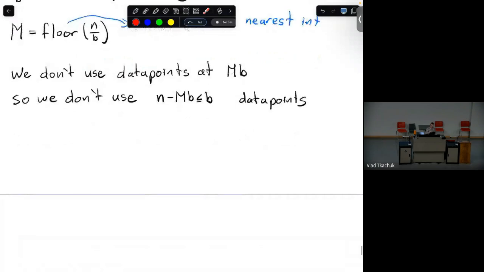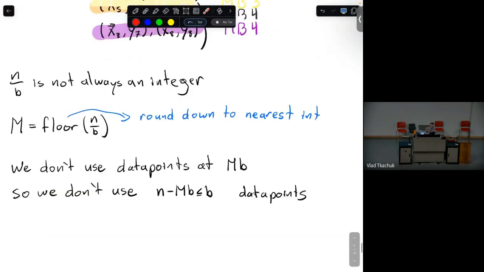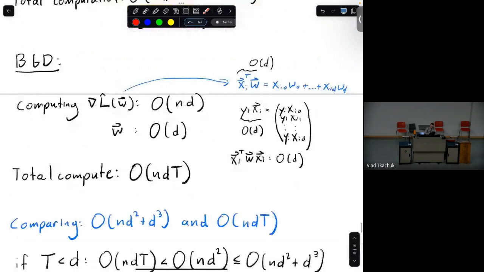Okay, I guess I'll answer the question. There's something about computation: if xi is d squared, then xiw should be, and I think the question was why is this not d squared? The reason is the order of the matrix operations here. You can do this first: you do the dot product first, which gives you a number, then you multiply that number by a vector.